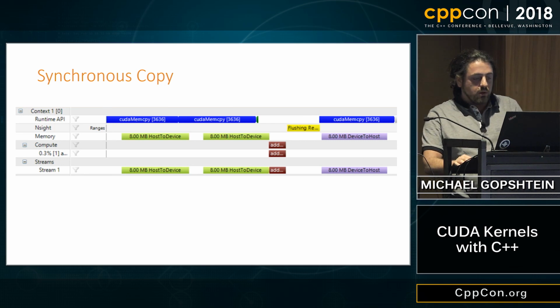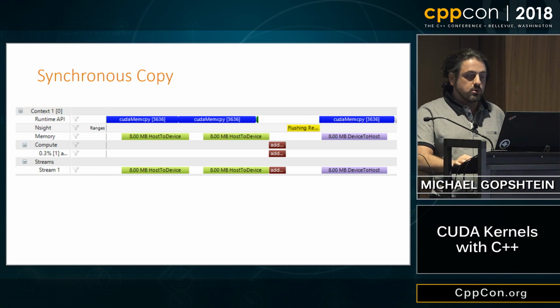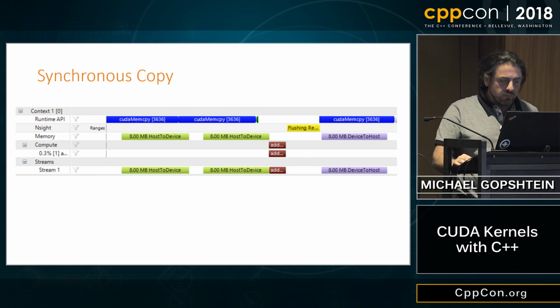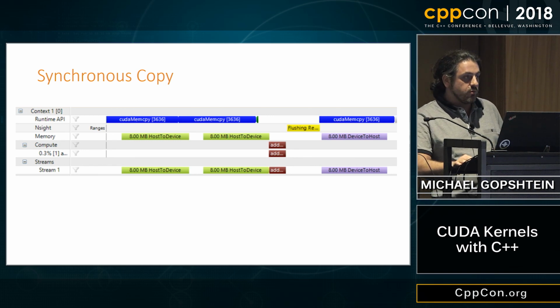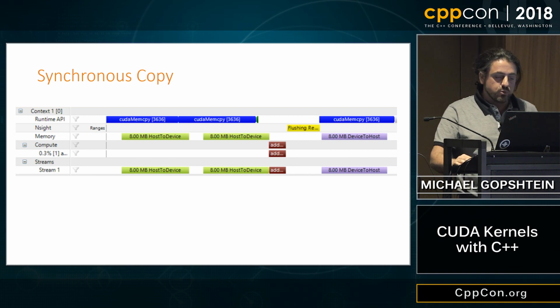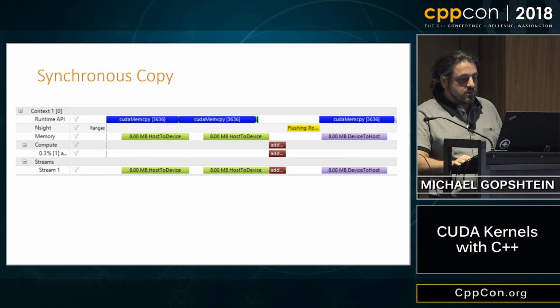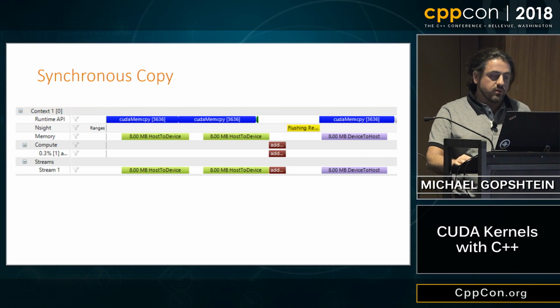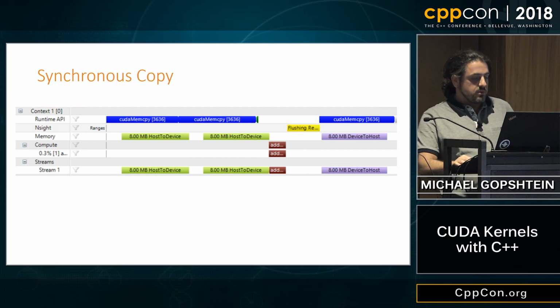And then on the right side, we copy the result back from the GPU to the CPU. So in this case, the portion of the actual processing is very small, as we use a very simple algorithm. Of course, the ratio can be different for different algorithms.